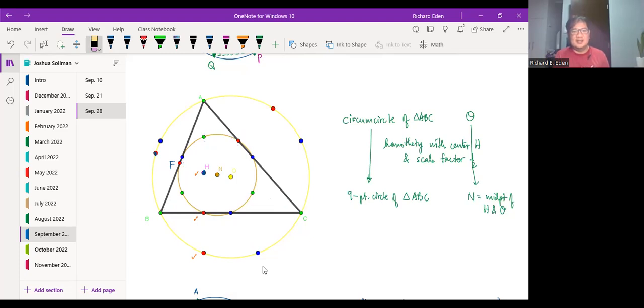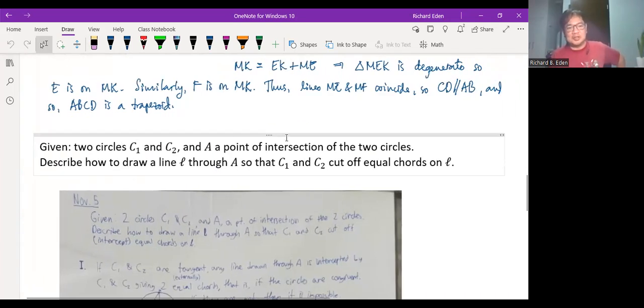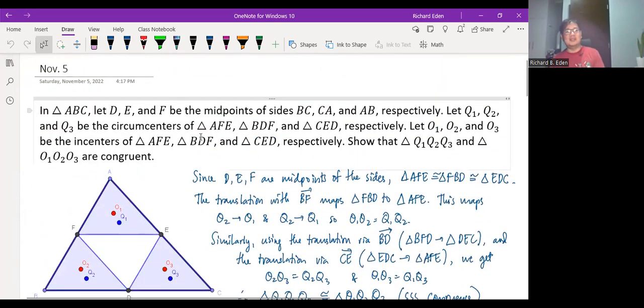Okay. Okie dokie. So now we go to November 5. I appreciate that you tried to answer this particular question. At least nabasa mo na siya, inintindi mo na siya. However, I meant this question as an example for the next kind of geometric transformation, which is a half turn. So dito ang usapan kasi ay translation.